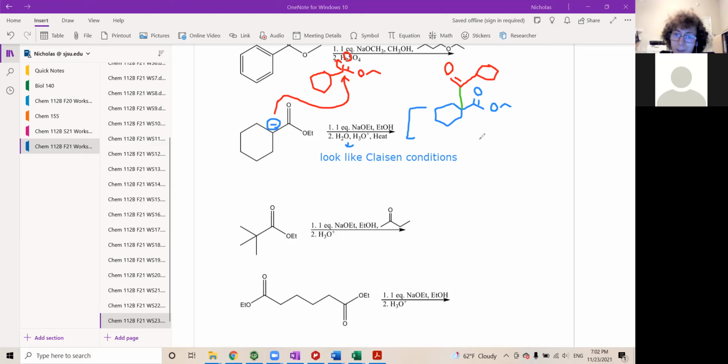But there are extra components to the reaction this time. We have water and heat with the acid in the second step. So if you just drew this Claisen product, you'd probably get partial credit because this is a thing that happens, and I'm assuming he'd be nice and give points for that, but it will do a bit extra.